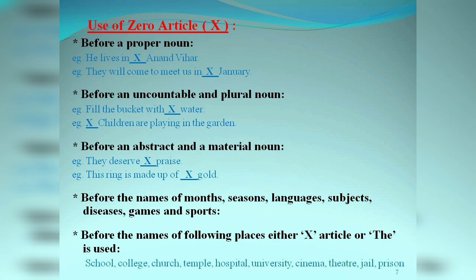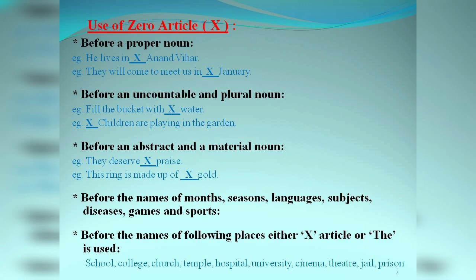Next rule says before the names of the following places, either zero article or the is used: school, college, church, temple, hospital, university, cinema, theater, jail, prison. These are the names of places before which we either use zero article or the.